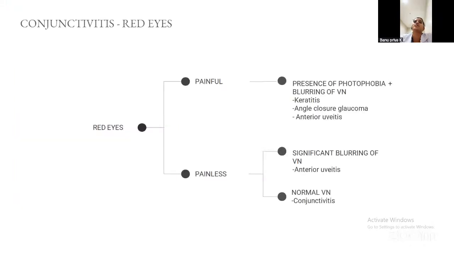If a patient is coming with a red eye, this same picture is seen in anterior uveitis and angle closure glaucoma also. How to differentiate this? These are the common things which can be compared for differential diagnosis.